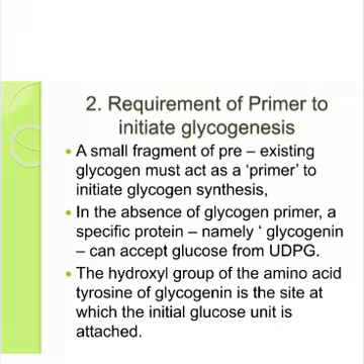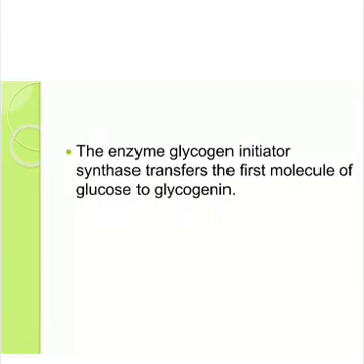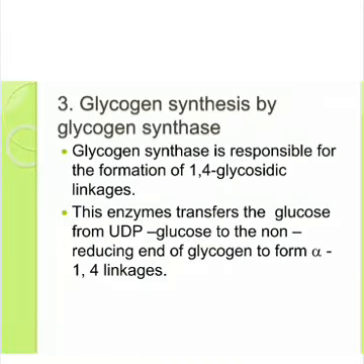The hydroxyl group of the amino acid tyrosine of glycogenin is the site at which the initial glucose unit is attached. The enzyme glycogen synthase transfers the first molecule of glucose to glycogenin.